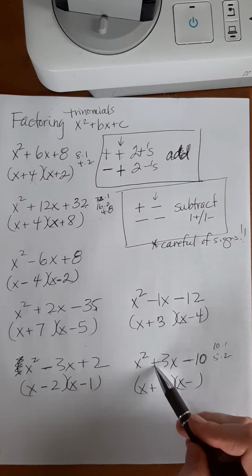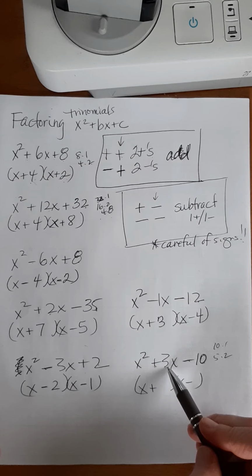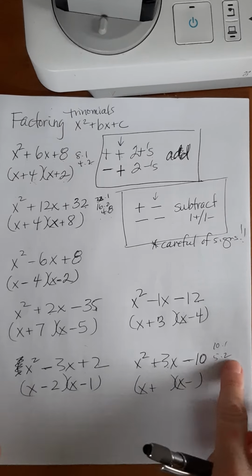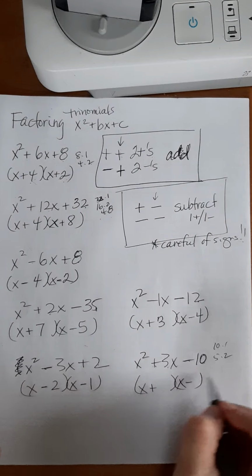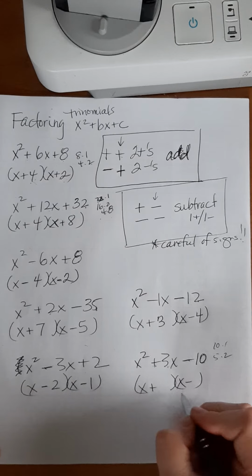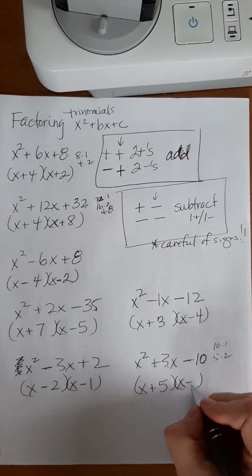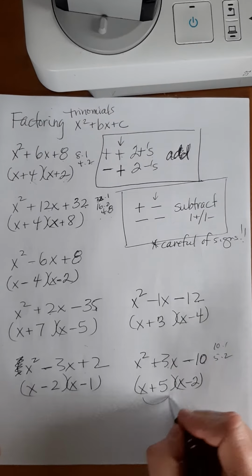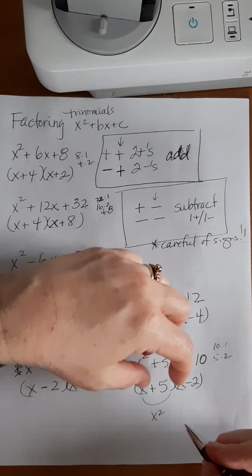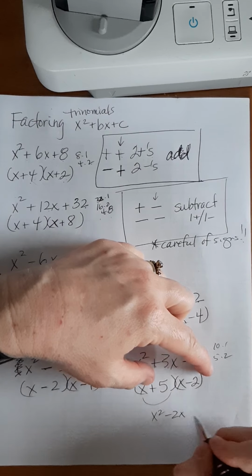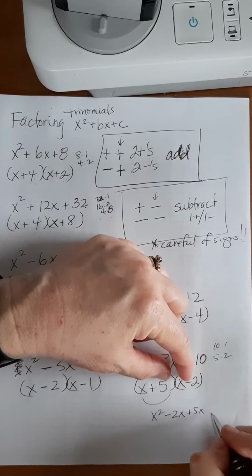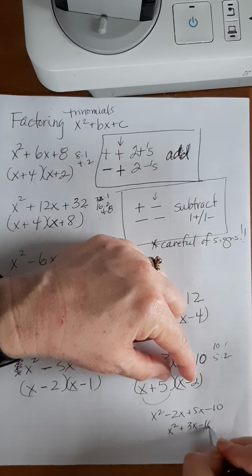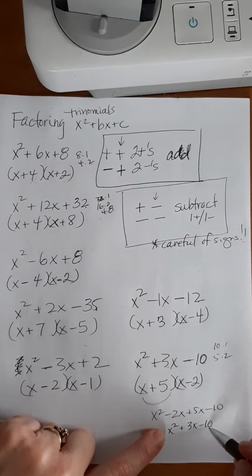Now you want the 3 to be positive, so if you're going to subtract them in a sense, it is going to be positive 5, negative 2. And just so you don't think I'm making this stuff up, x squared minus 2x plus 5x minus 10. So sure enough, if you FOIL it, you get what you started with.